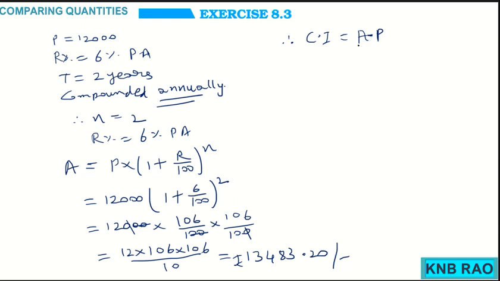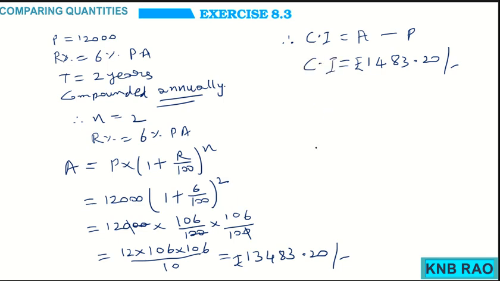So you have to subtract. Let me write it properly. Now amount minus principal, so the difference is 1,483 rupees 20 paise, which is the compound interest.